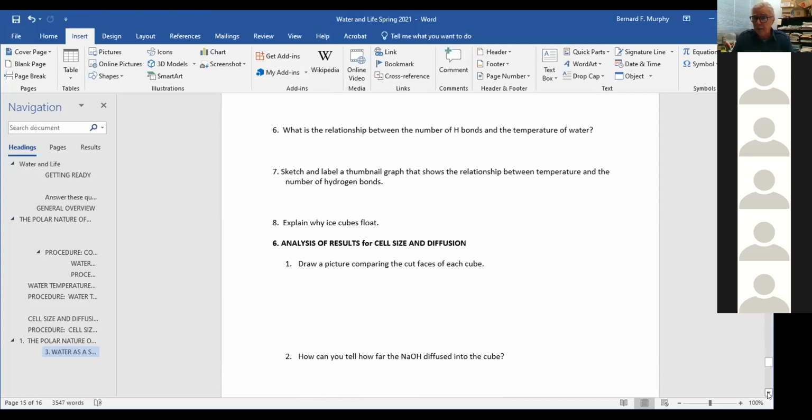It has a big ecological consequence, because since ice floats and is less dense, bodies of water freeze from the top down rather than from the bottom up, and that protects all of the organisms in the water, because a lot of them are down below in the mud at the bottom, and if that froze first, for most living things, freezing is death. You freeze something, you're going to kill it.